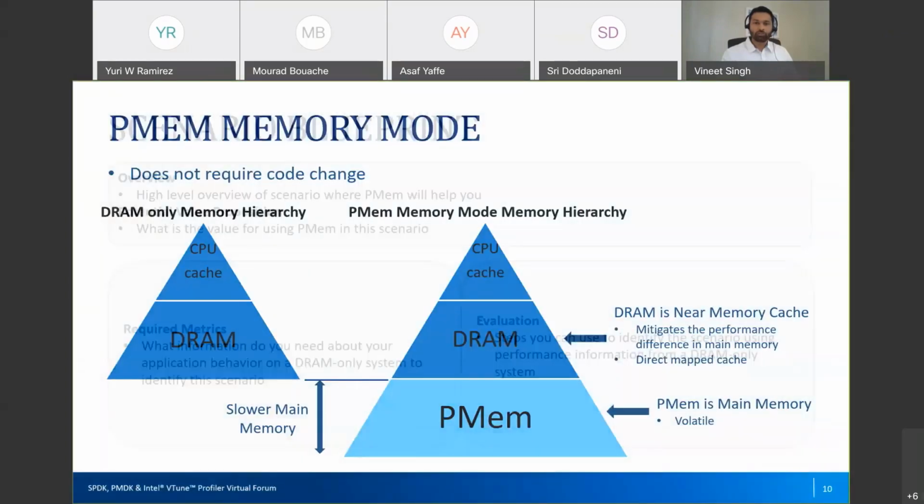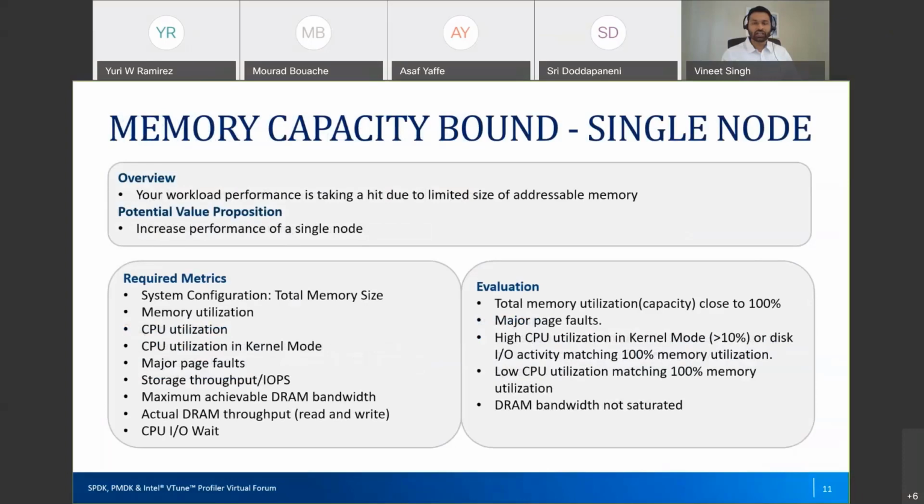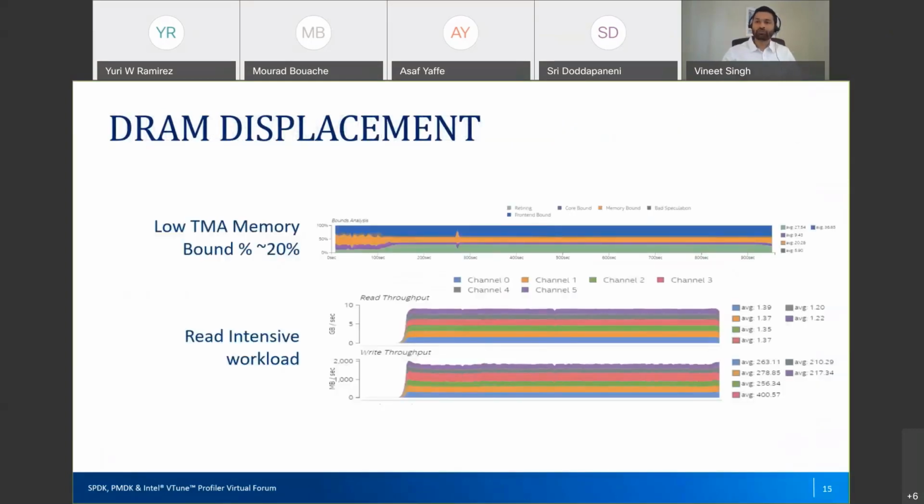So if you go to VTune Platform Profiler, let me go to the example that I showed you. That will give you a high level idea of the TMA metrics in these 5 categories: what's the percentage of pipeline slots that are retiring, front end bound, core bound, bad speculation, and memory bound.